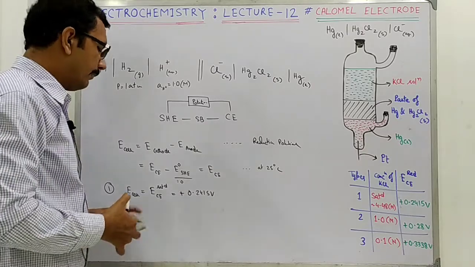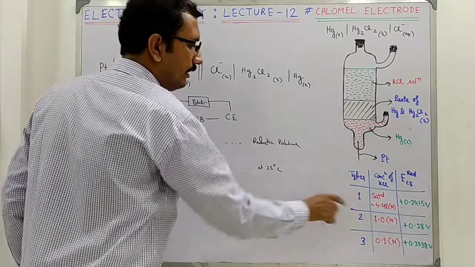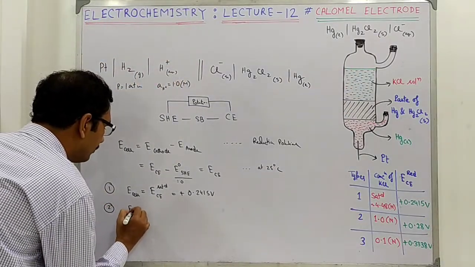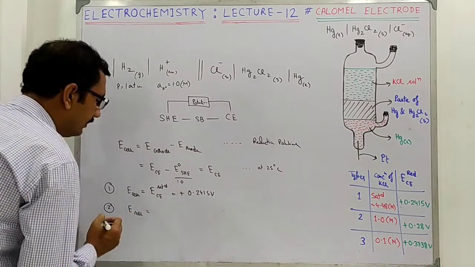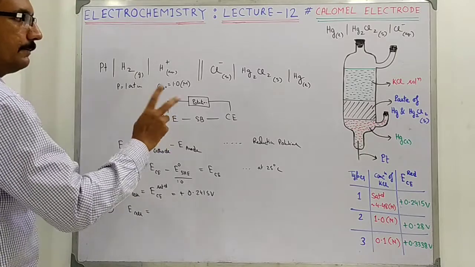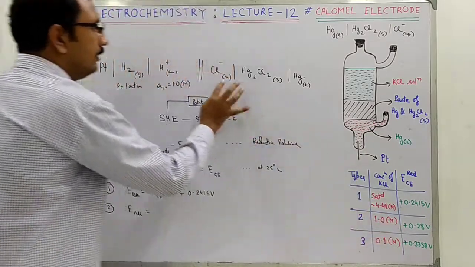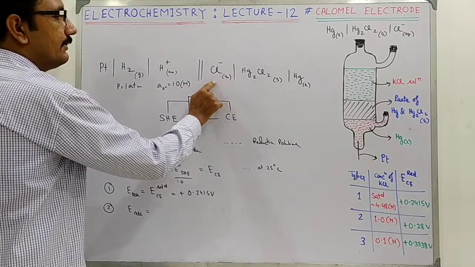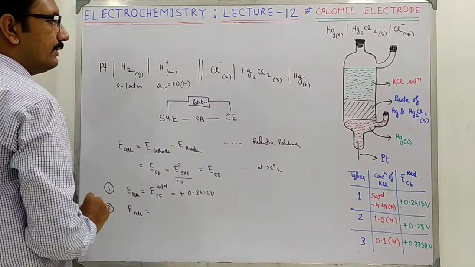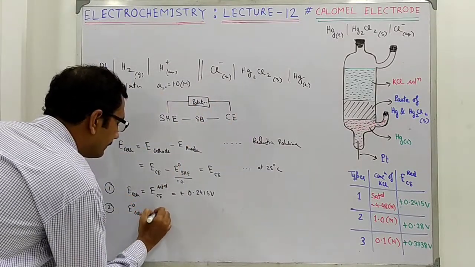In this way, when we replace this solution by normal solution, what will we get? We will get this E cell. Now, in this case, both are standard electrodes. See, this is one normal, that is 1 molar. So, it is in standard state and we are maintaining the temperature 25 degree centigrade. This is also in standard state. So, it will be E0 cell.